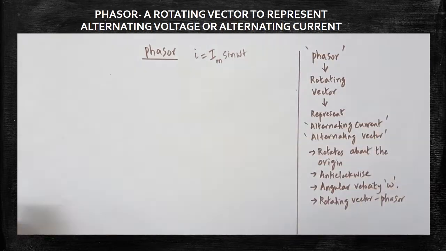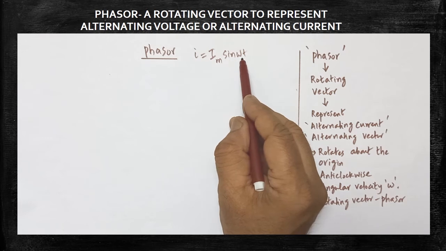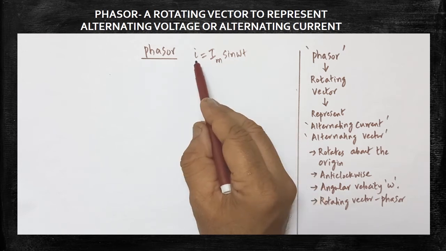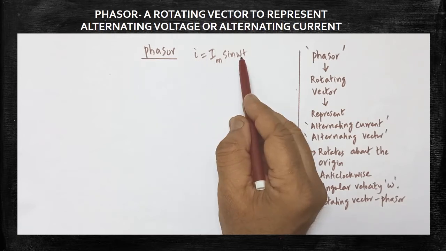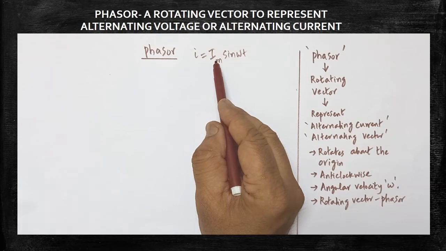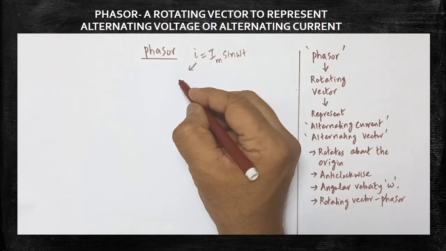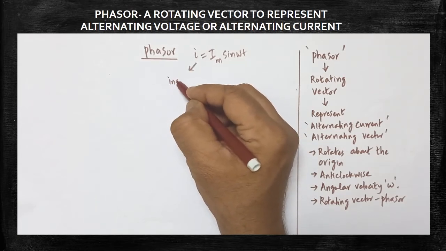The instantaneous current varies sinusoidally with respect to omega t. Here I is called the instantaneous alternating current.